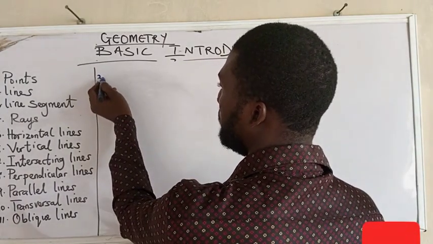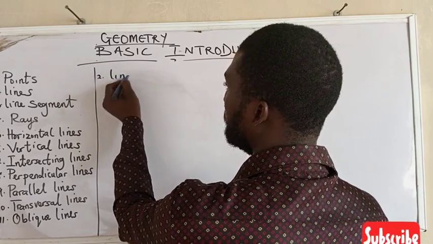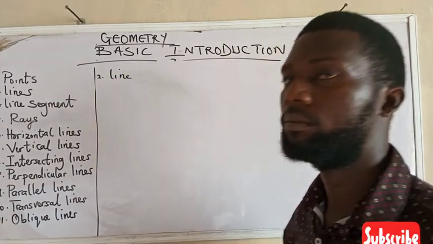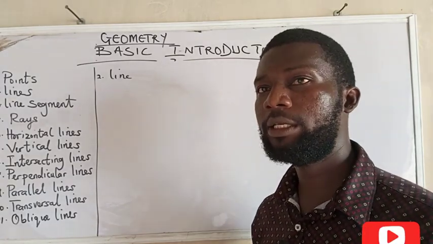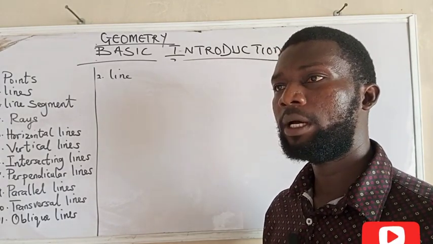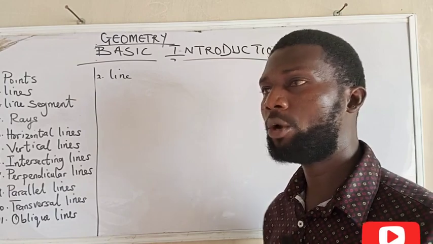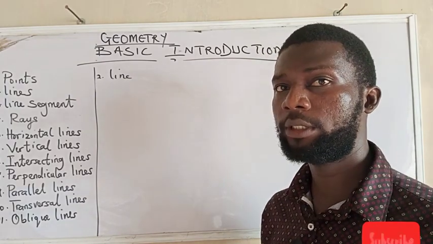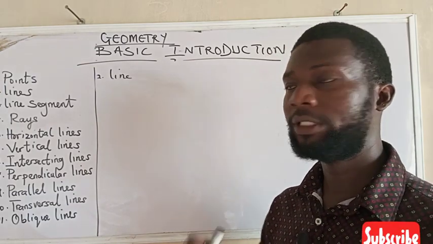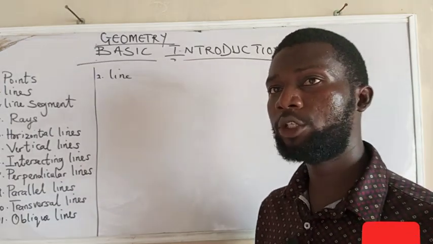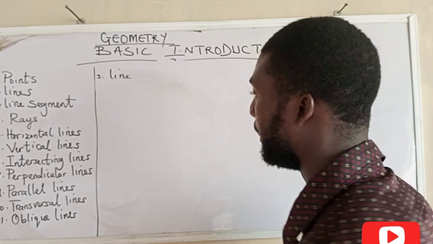The next one is line. A line can be seen or can be regarded as a combination of more than one point. So if we have continuous points, then the combination of such points can form a line.